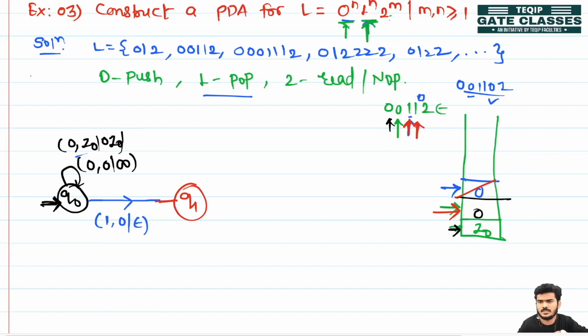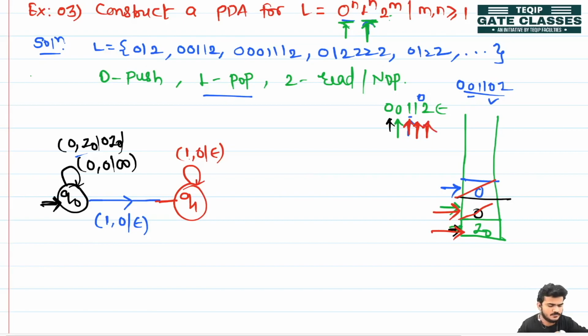The next input is 1 and the top of the stack is 0, so for this also I will do the pop operation. This 0 becomes popped due to this 1, and finally my top of the stack becomes Z0.